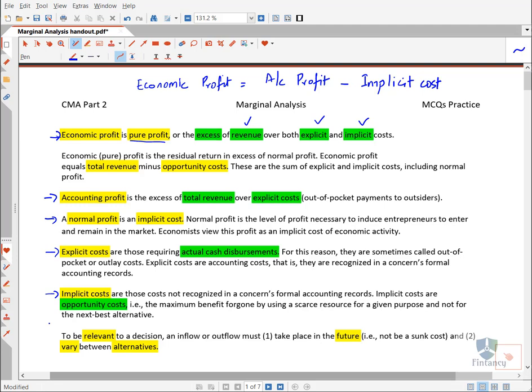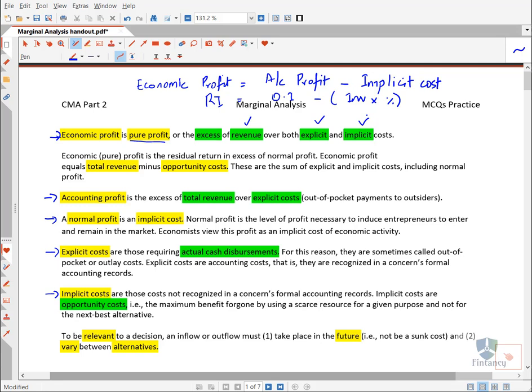Economic profit, if you see, yes, it is more or less same as residual income. Because if you remember, what is the formula of residual income? My friends, focus please. That was operating income, which is definitely the accounting profit, minus you take the investment, you multiply with the imputed interest percentage. Right or not?